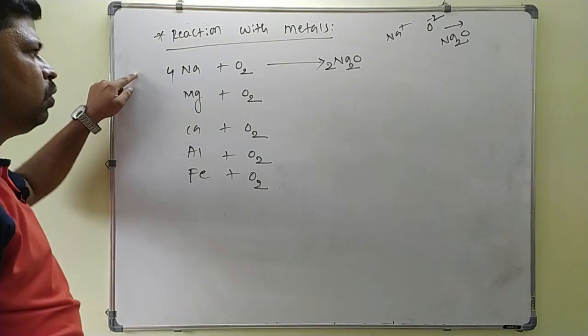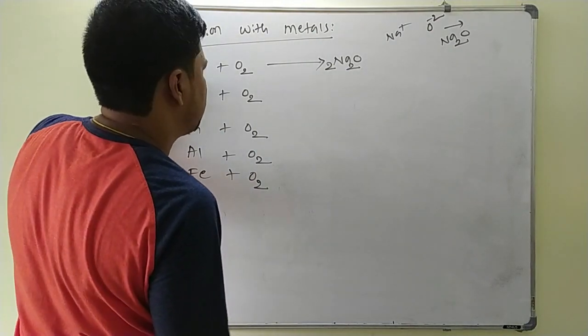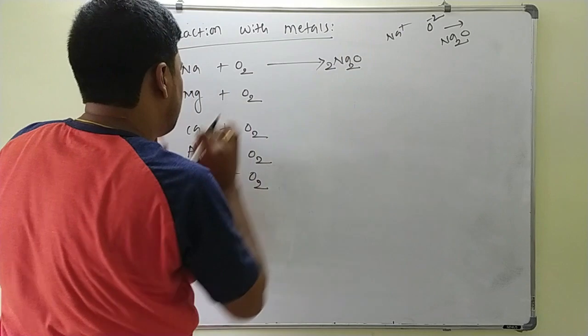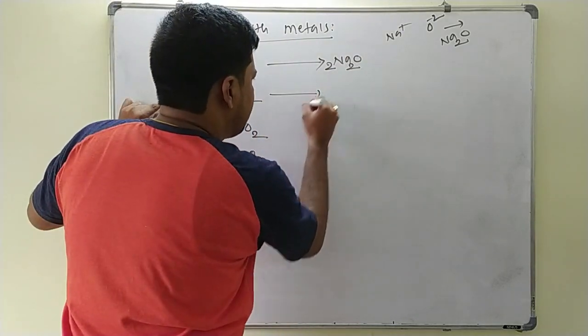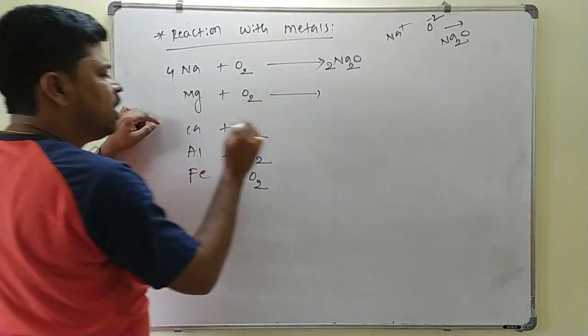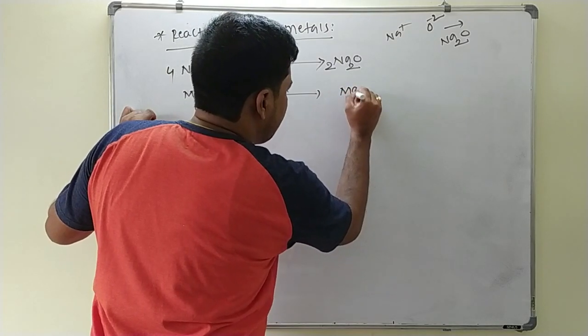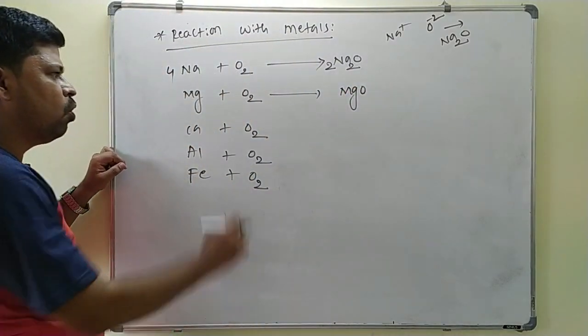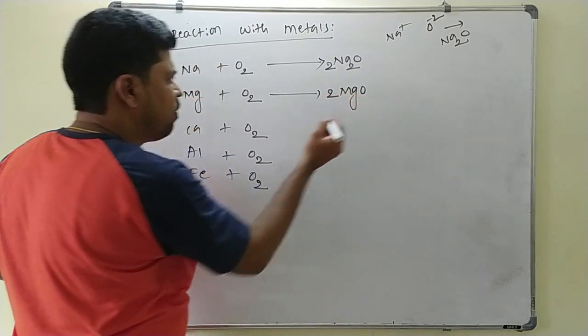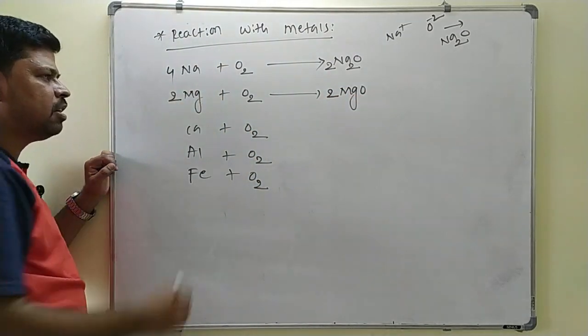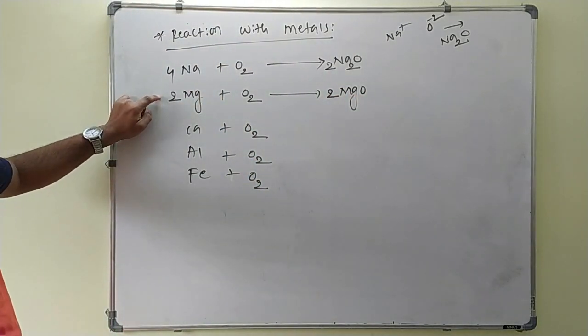This is 4 sodium, 2 oxygen and 2 oxygen. Now the remaining is this: Mg2+, O2-. It will form simply magnesium oxide, MgO. For 2 oxygen, you take 2 moles of MgO, and to balance magnesium, again you take 2 moles of magnesium here.